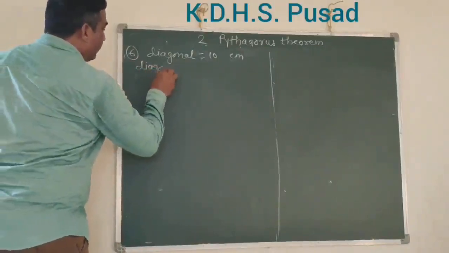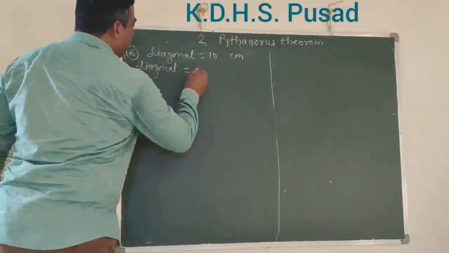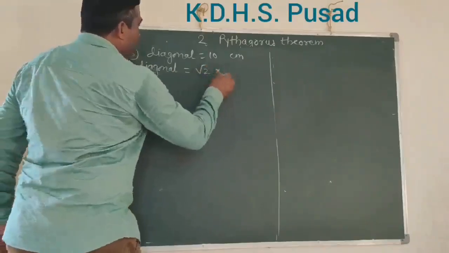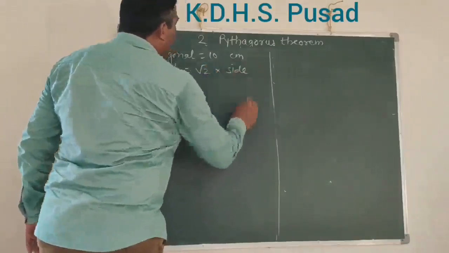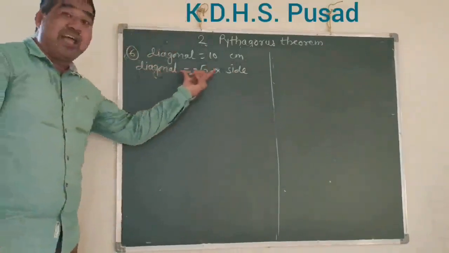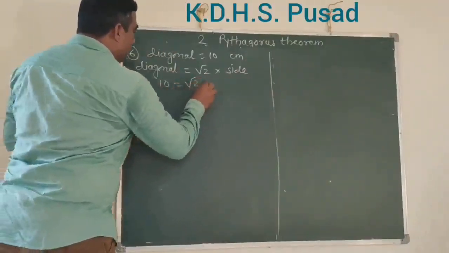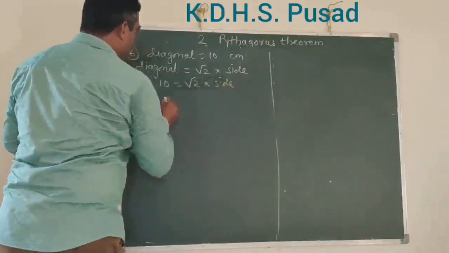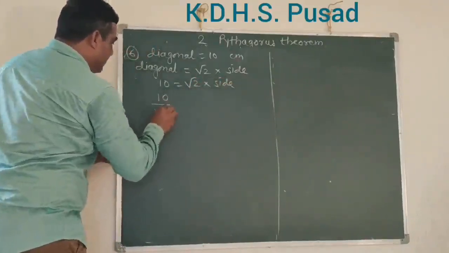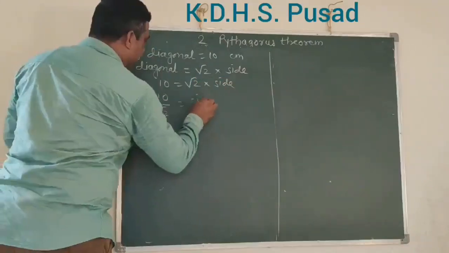Diagonal of a square equal to root 2 into side. That is the formula for the diagonal of a square. So here 10 equal to root 2 into side. So 10 by root 2 equal to side.